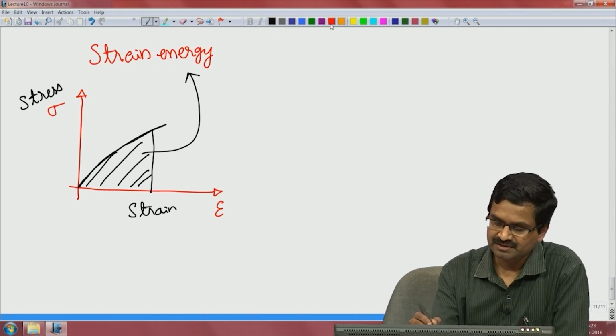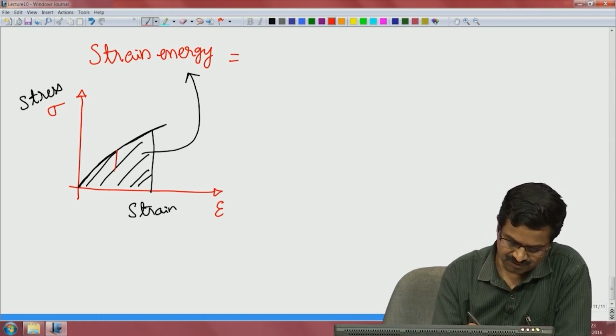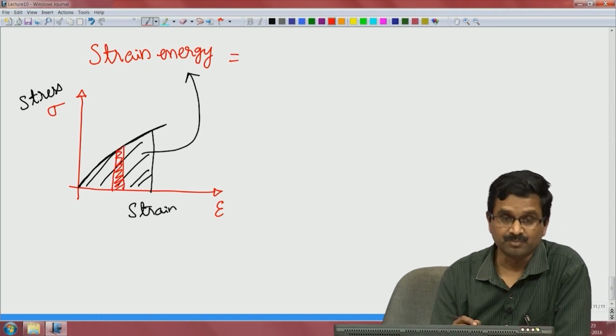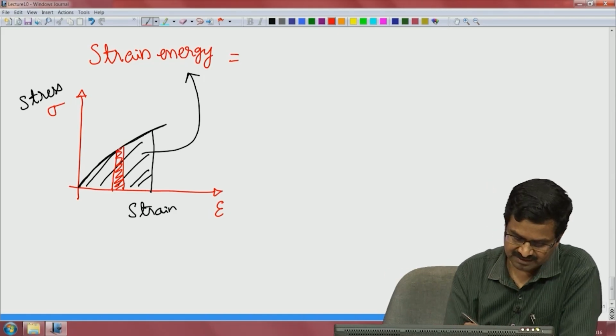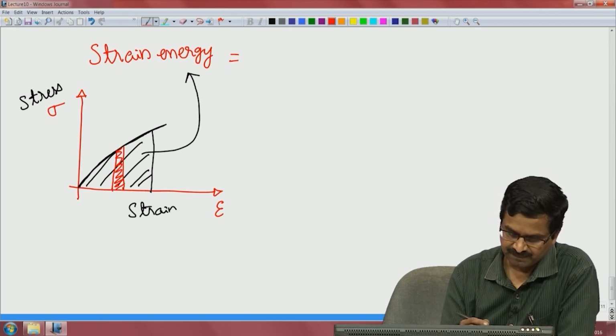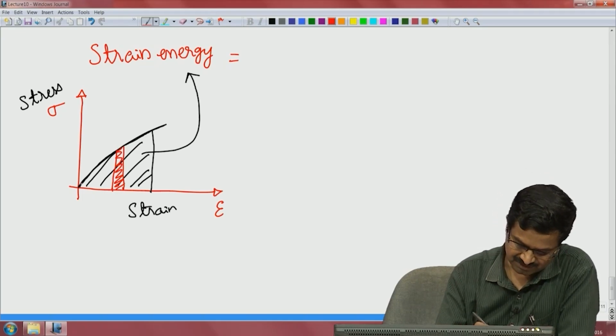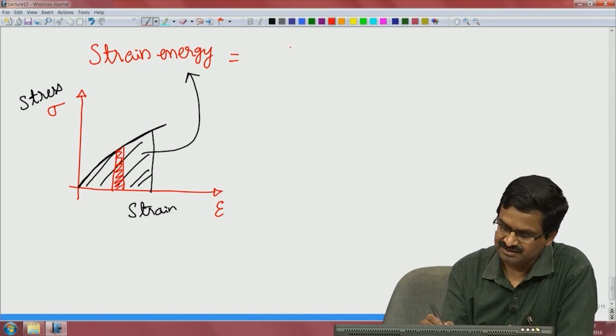So, if you want to write it mathematically, you would say you have to integrate, right. If you take a particular place here, that is the strain energy for that portion, which I can take as a small thing that I accumulate. If it is linear, instead of the nonlinear curve that I have taken, the strain energy is going to be simply sigma epsilon by 2, right.